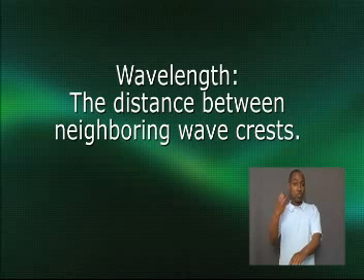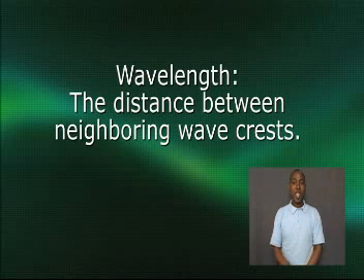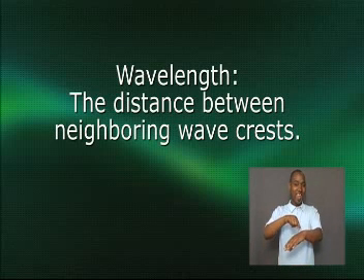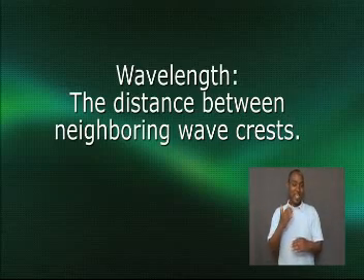Light microscopes have a lower resolving power compared to electron microscopes. The magnification from a light microscope is limited by the resolving power that uses the wavelength of light. A wavelength is the distance between neighboring wave crests.